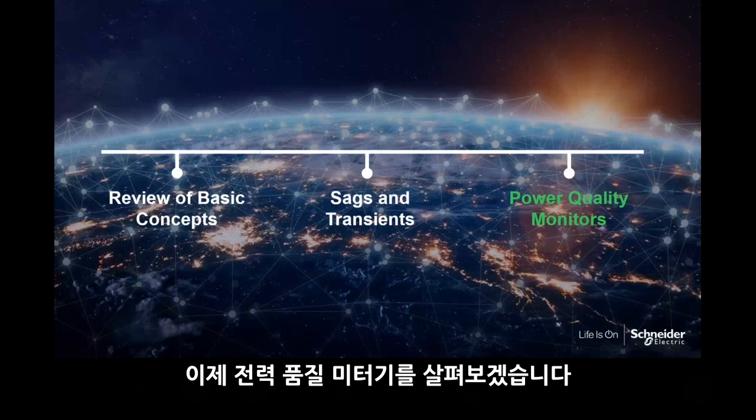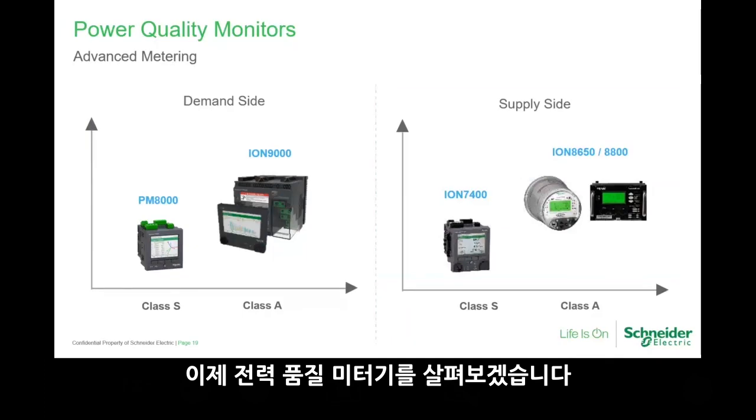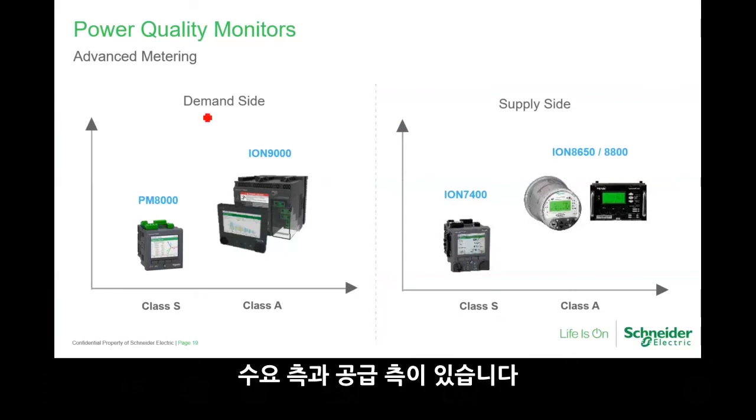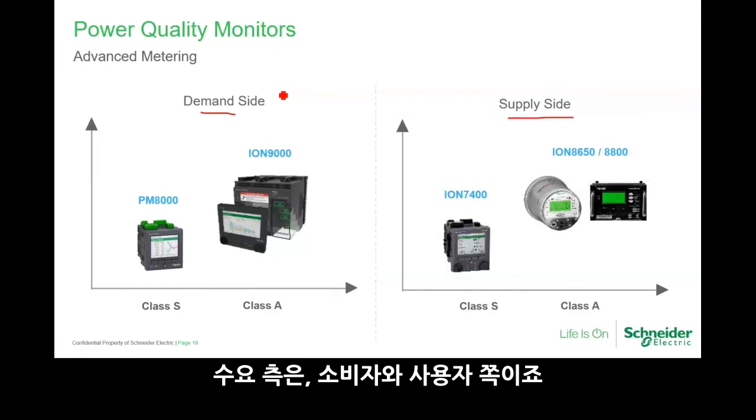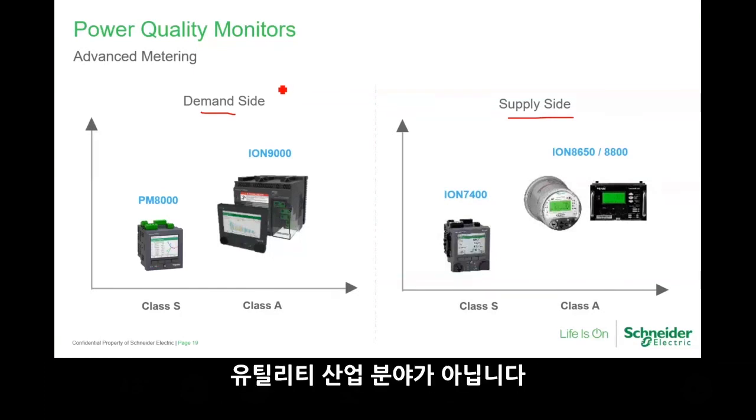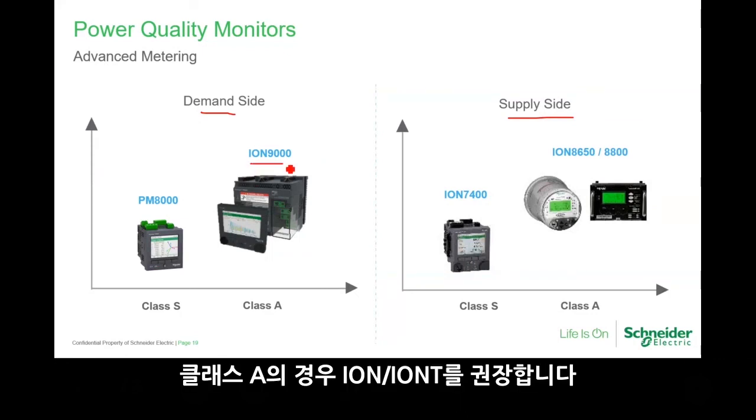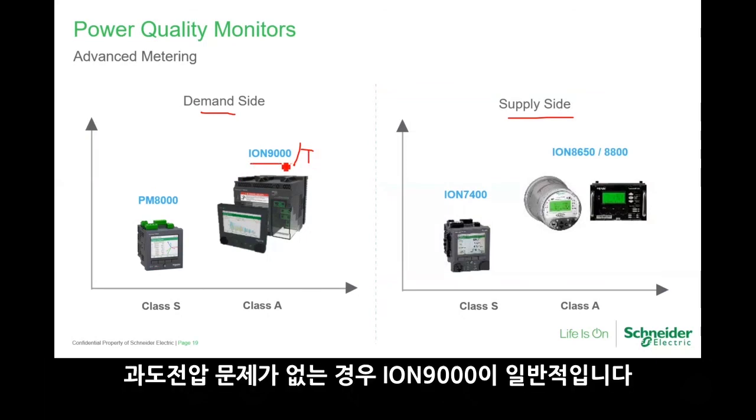Right, so let's look into the power quality meters that we have over here. For the demand side and the supply side: the demand side, no, it's not the utility. Anybody who is the user of electricity, we call it the demand side. So this is what we will recommend. For Class A, recommend ION 9000 or 9000T. ION 9000 is the normal one without the transient.